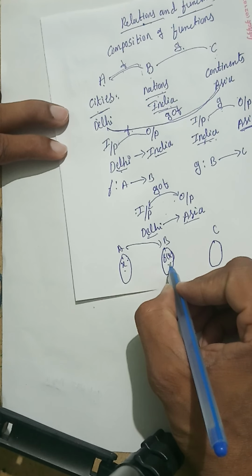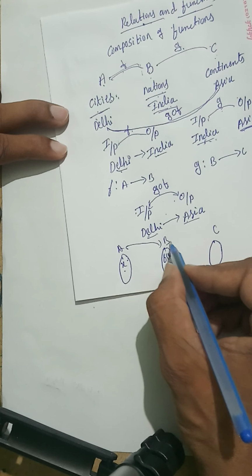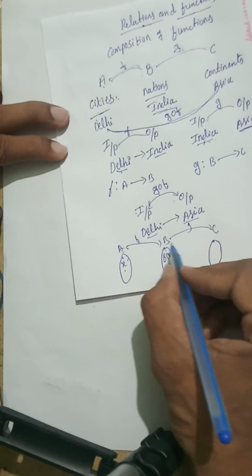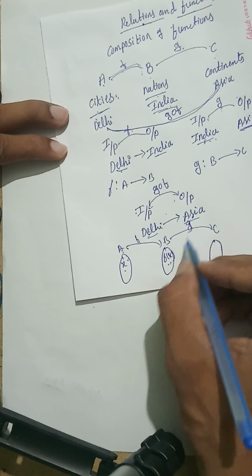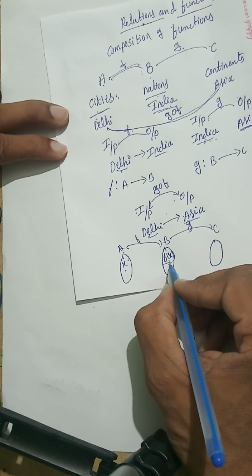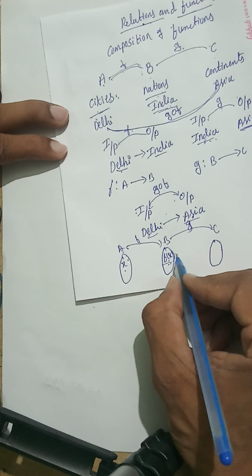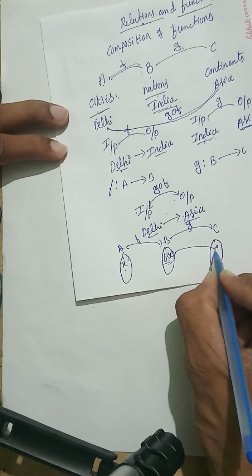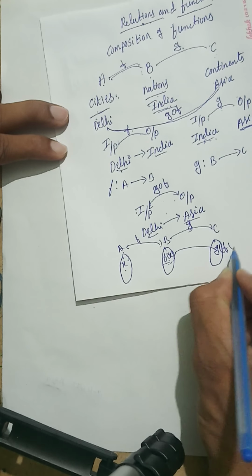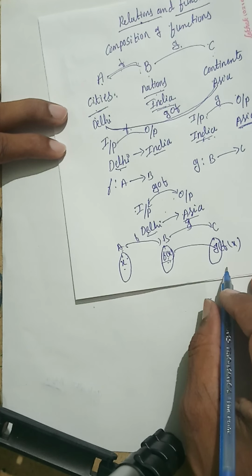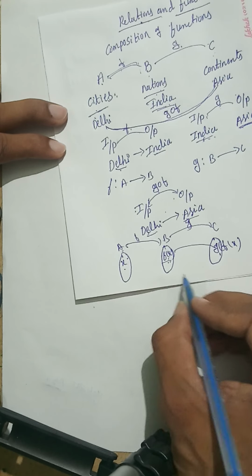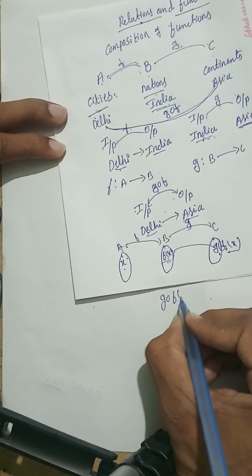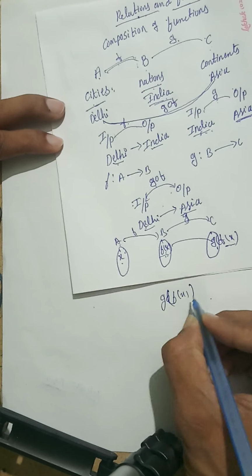This f of x acts as the input value for the g function. f is from A to B, and g is from B to C. For g, f of x is the domain input, and I get a continent, Asia. That means g of f of x.